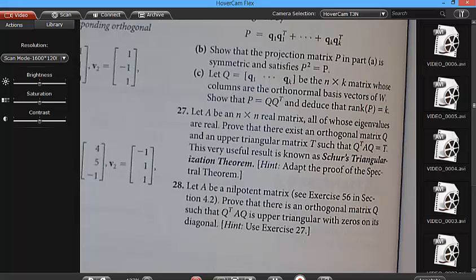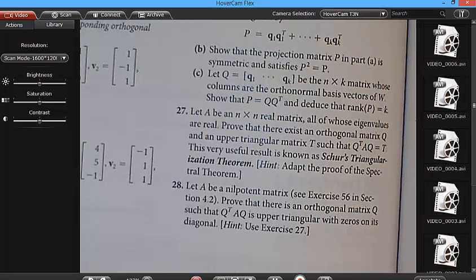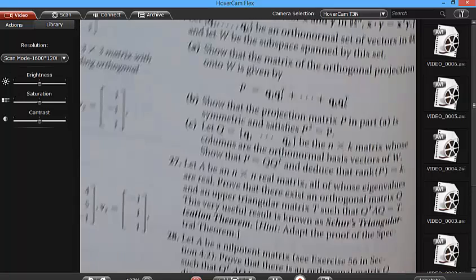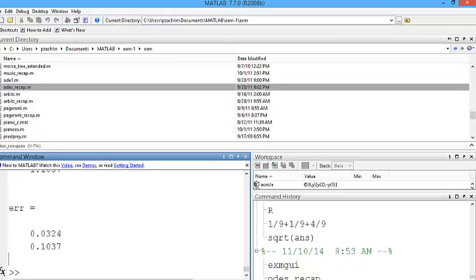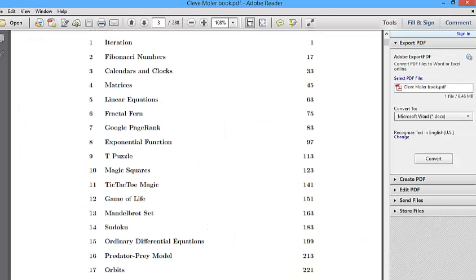If you're a person that's struggling to find, I can't find any linear algebra I want to do. Now, what if you're one of the people that's struggling to find MATLAB interesting at all? Ick, computers. Let me show you what I have here today. So I have a book by Cleve Moler, who actually is one of the inventors of MATLAB, if I'm correct.